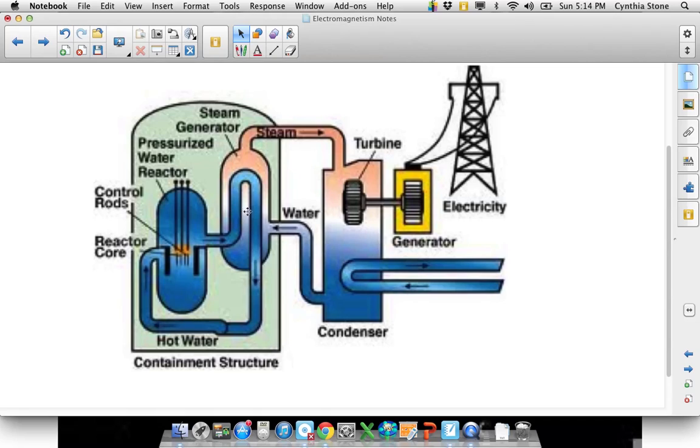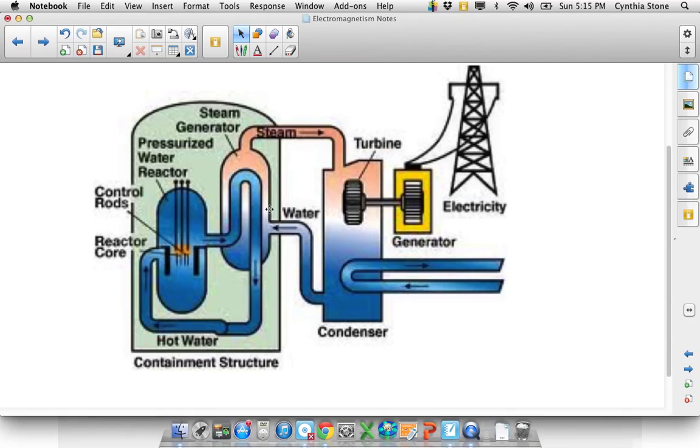That energy just heats water to create steam, and the pressure of the steam causes the turbine to spin. When it spins, you've got a magnet and your coil, and you have your electricity. So even though we say it's nuclear power, it's just what you're using to spin your turbine. They're all really done the same way.